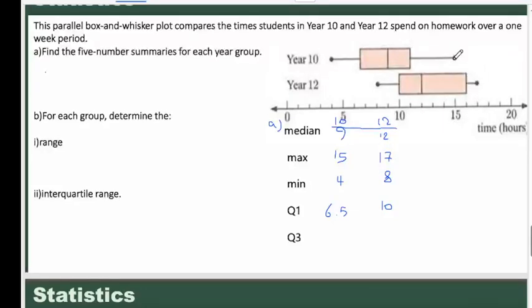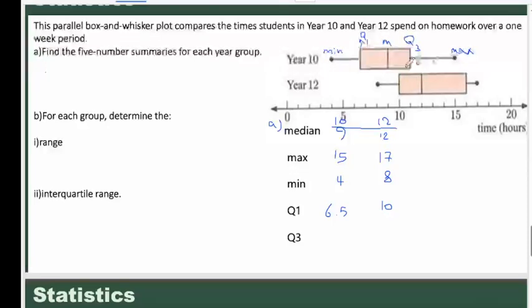Upper quartile for 10 year would be here. It's Q1, it's median, it's Q3, it's max, and it's min.